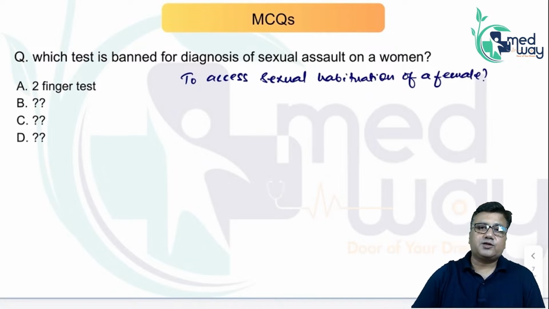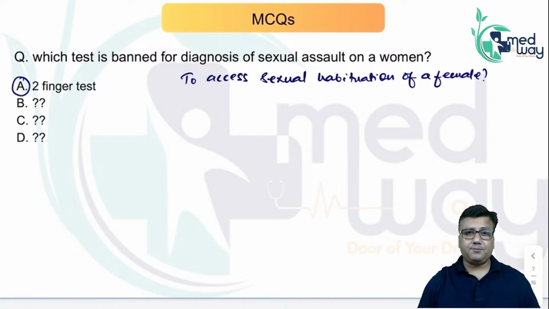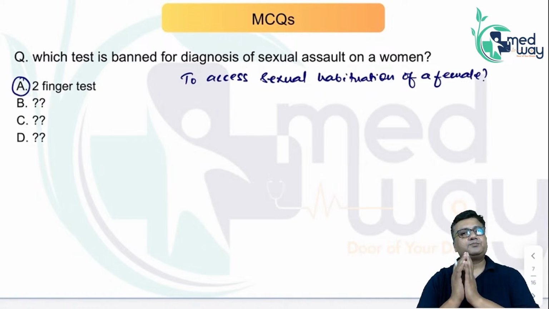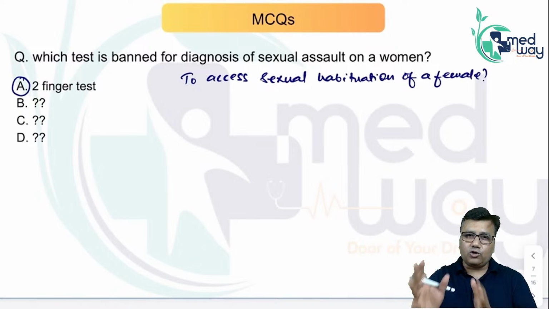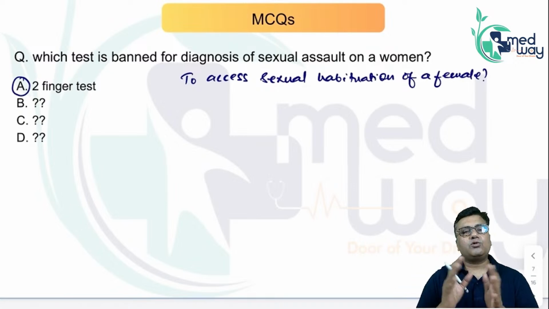Right? So the correct answer here is the two fingers test. If this question came, remember the two fingers test, which used to give a conclusion on whether a female is sexually habituated or not, is no more practiced.